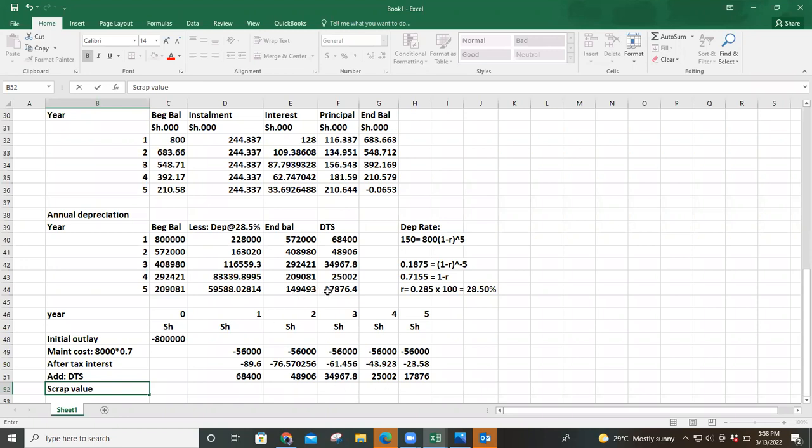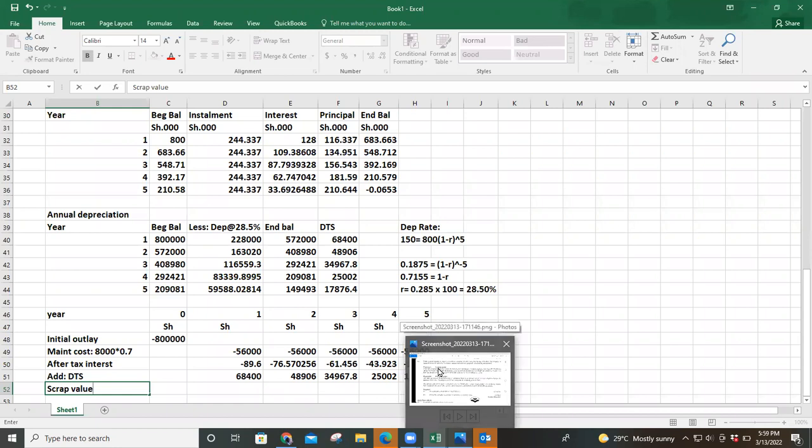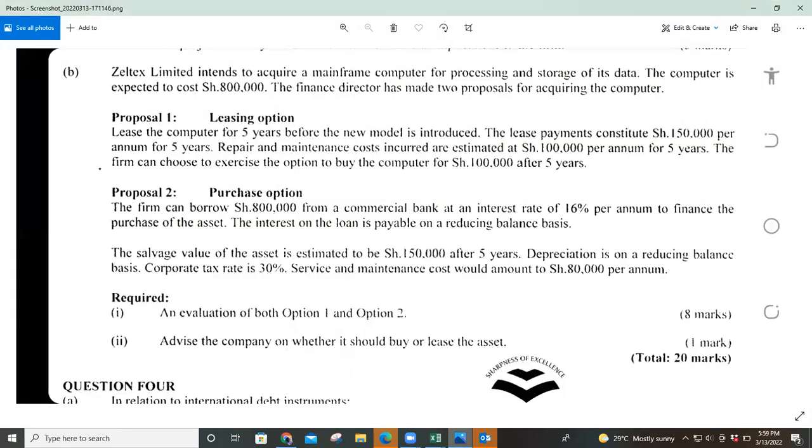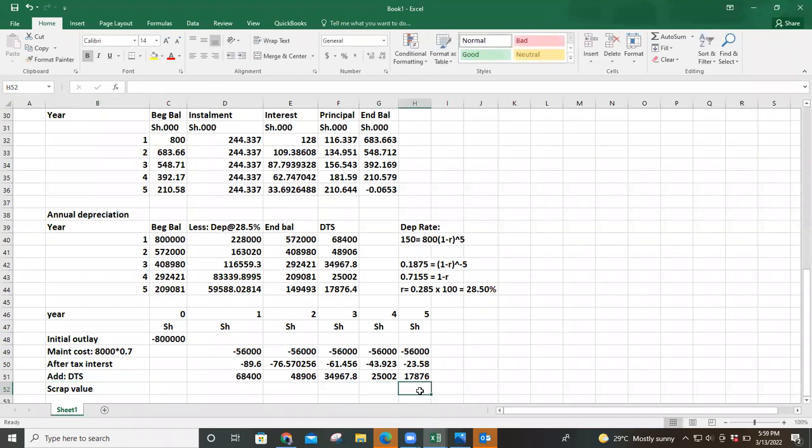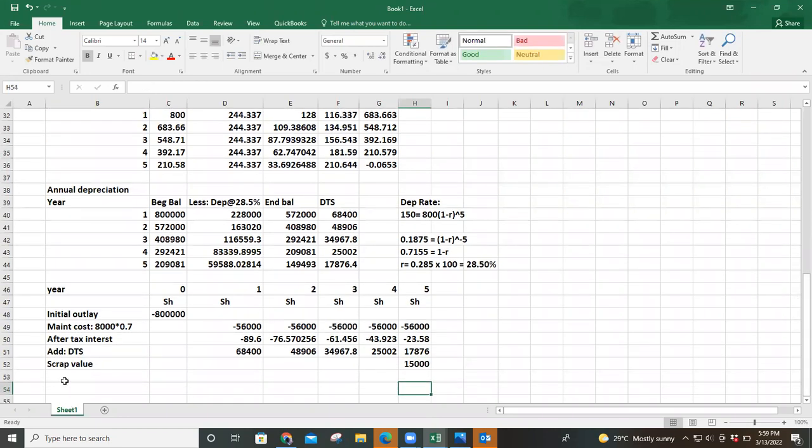We are told the scrap value was 150,000. It's in year 5. So now we can get our net cash flows, that's the summation of all that.